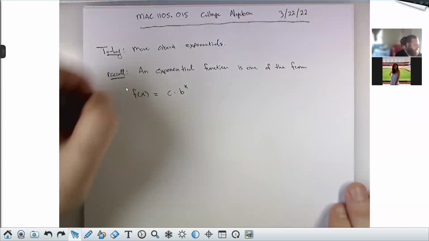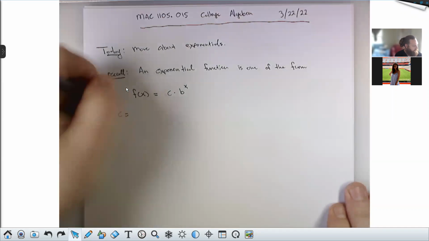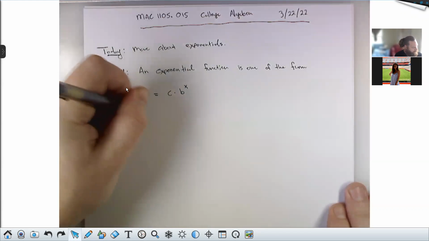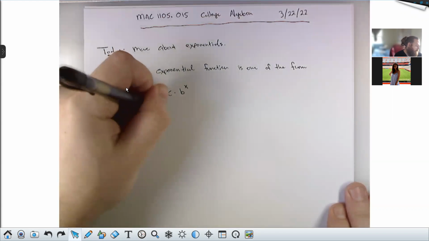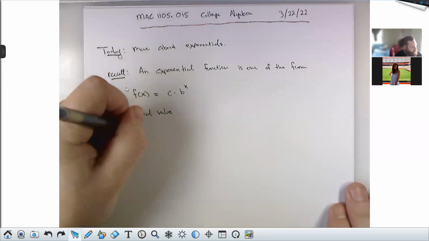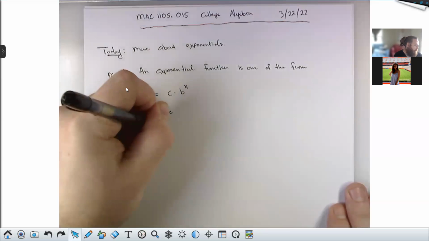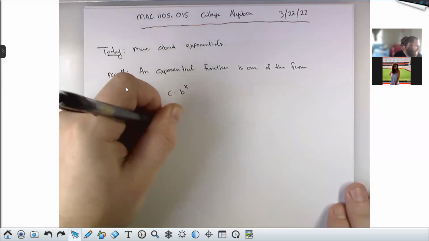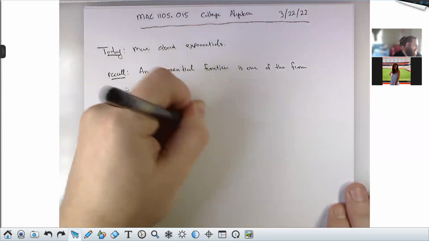The number c is sometimes called the initial value. And the number b is called either the base or the growth factor.